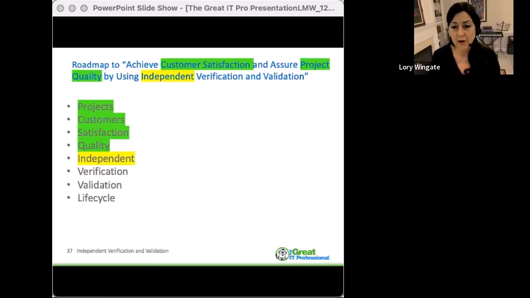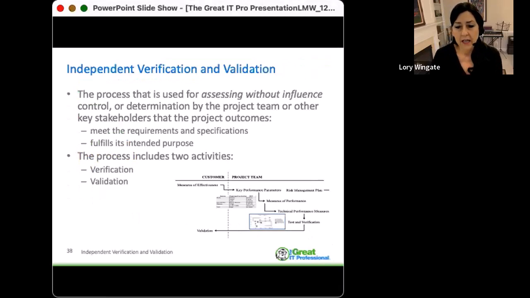As mentioned earlier, quality is most effectively evaluated by an independent third party, not the project team, not the customer. So let's speak for a moment about independence in verification and validation. Independent verification and validation refers to the process that is used for assessing, without influence, without control, or determination by the project team or other key stakeholders, that the project outcomes meet the requirements and specification and that it fulfills its intended purpose.